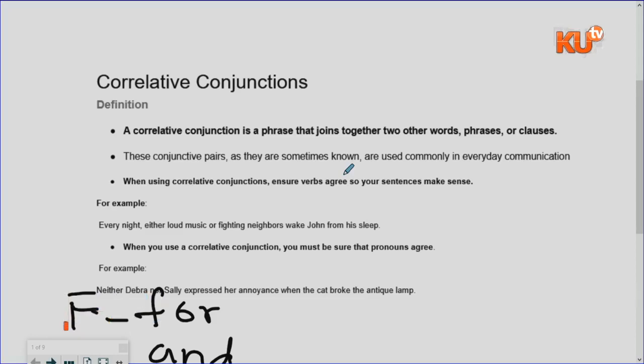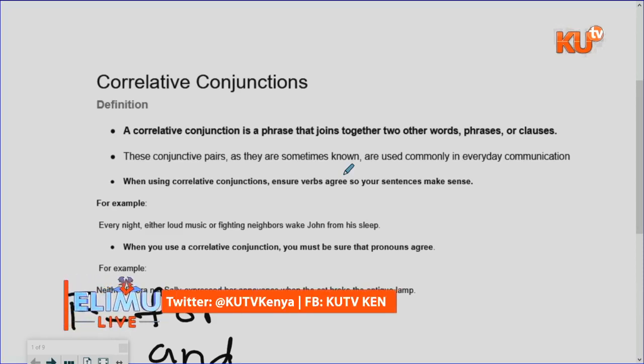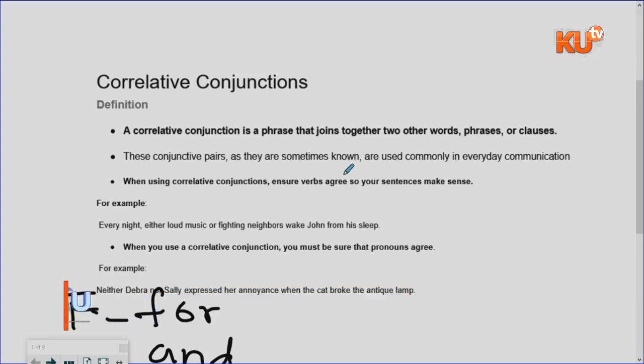Another example: Marina is excited because it's her birthday. So because is a subordinative conjunction joining Marina is excited and because it's her birthday.